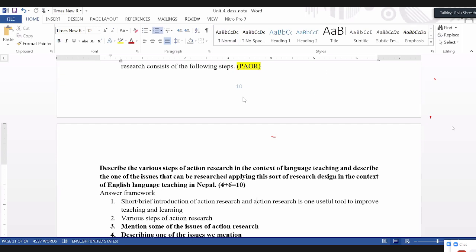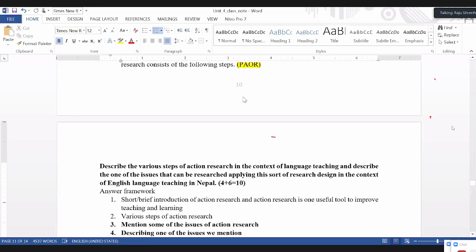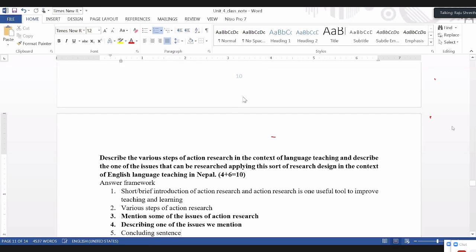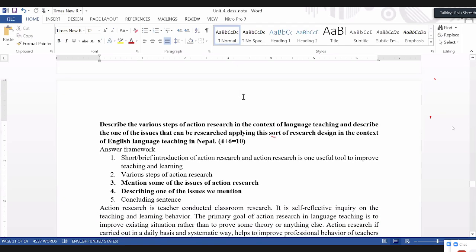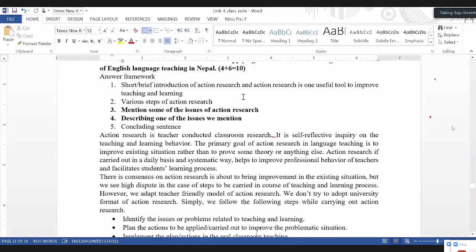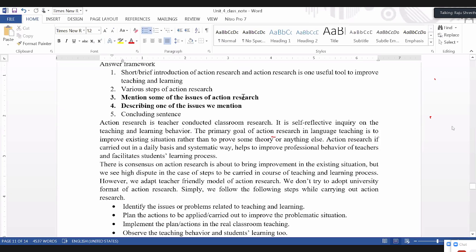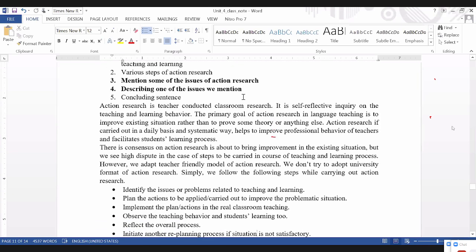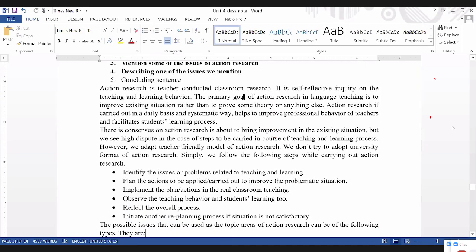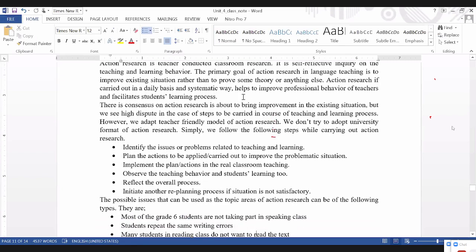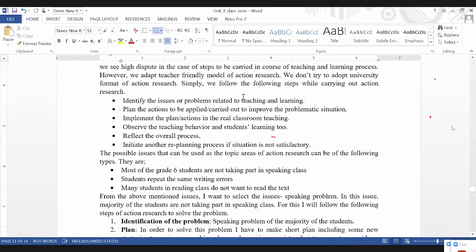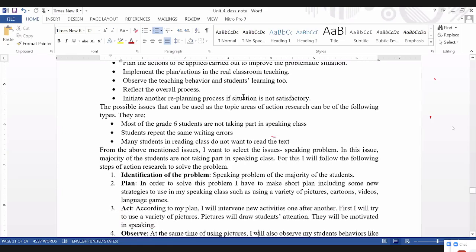So the primary goal is to improve teachers' teaching behavior and facilitate students' learning process. Because of this relevancy of this research, I have given high importance to it. So any kind of question, any kind of problems you have, you can share here. I'll try my best to give my ideas about your question.